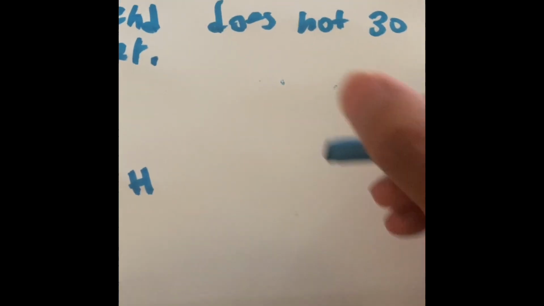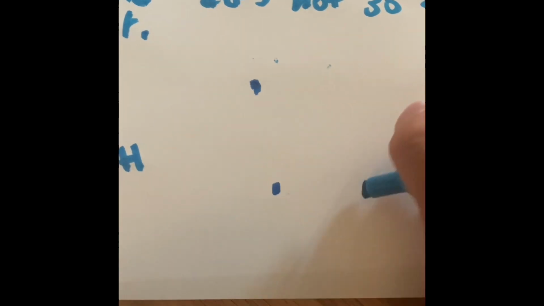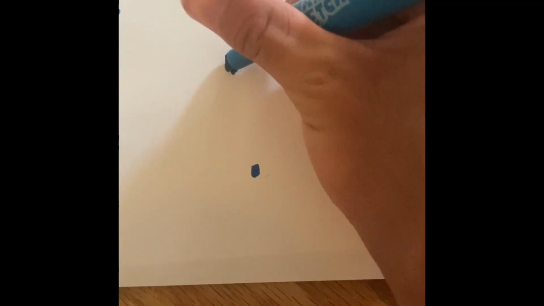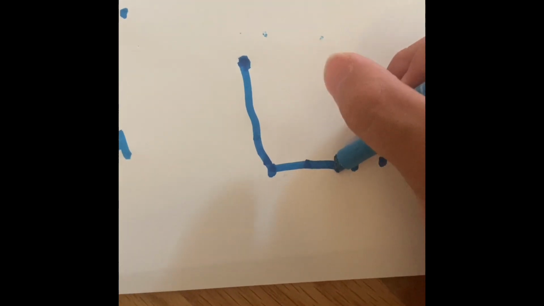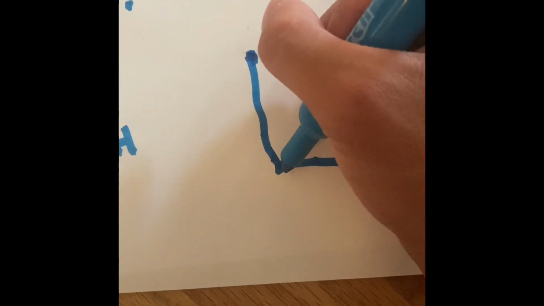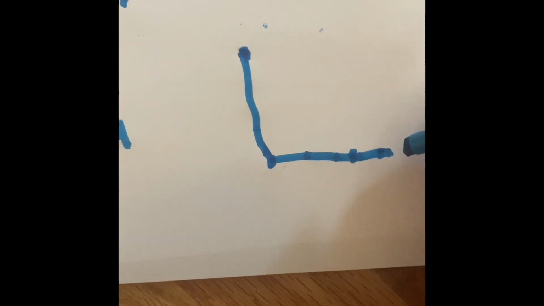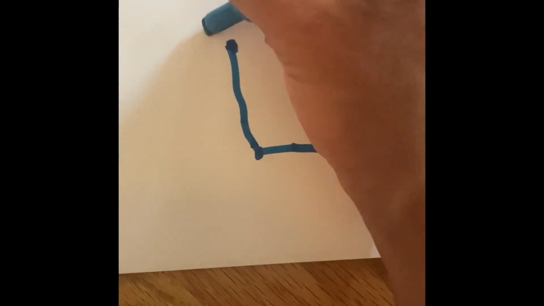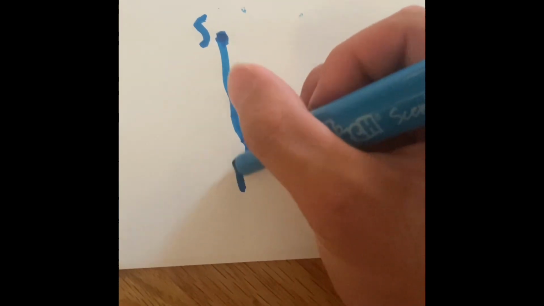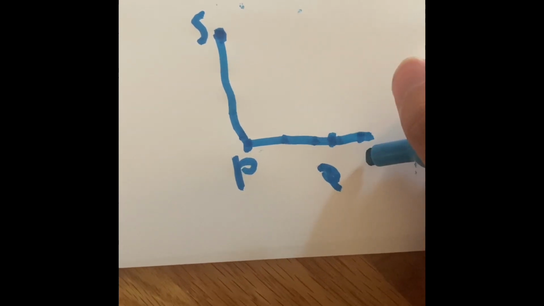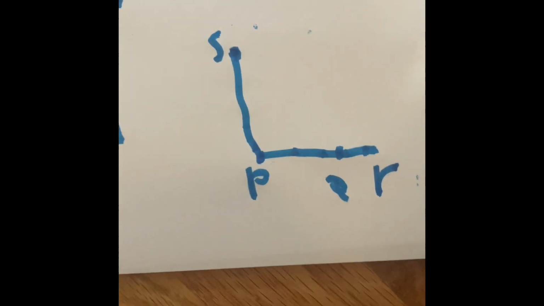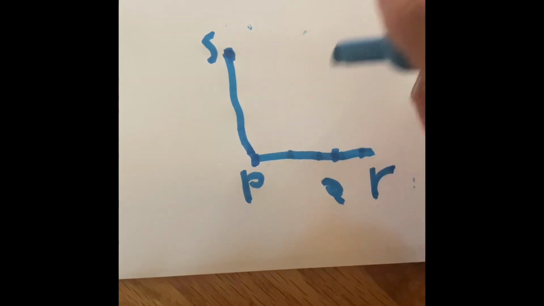Sometimes you will need more points, like we're going to have 1, 2, 3, 4, to make this. So from here to here is a segment, here to here is a segment, here to there is a segment. We're going to name these S, P, Q, and R. So SP can be a segment.